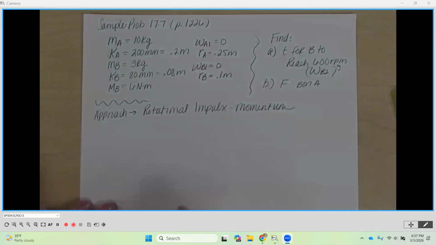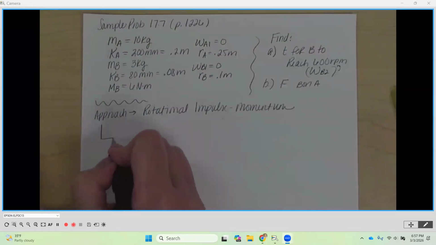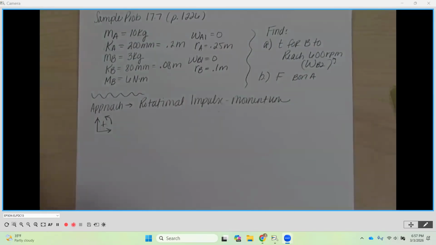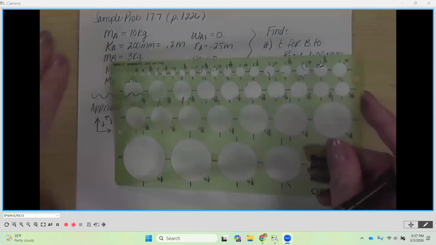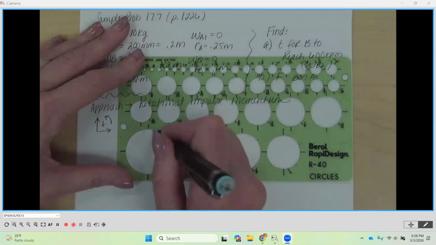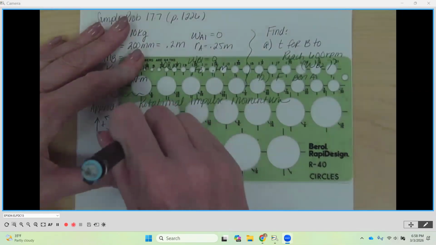We are going to identify our convention here because we do have these rotations: counterclockwise is going to be positive. Now, we are going to do our diagram.